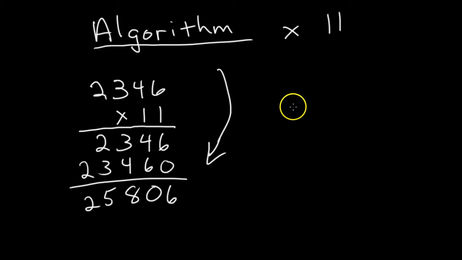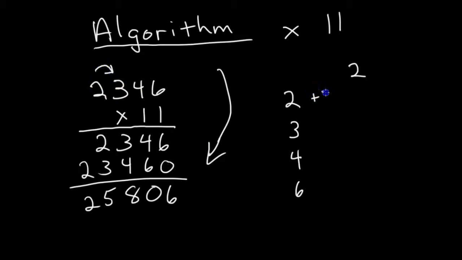But let's take the number 3, 4, 6, and you take the first number and you leave it alone, right? I'll just put that there. And then you take the first number and add it to the next number, which would be 3.